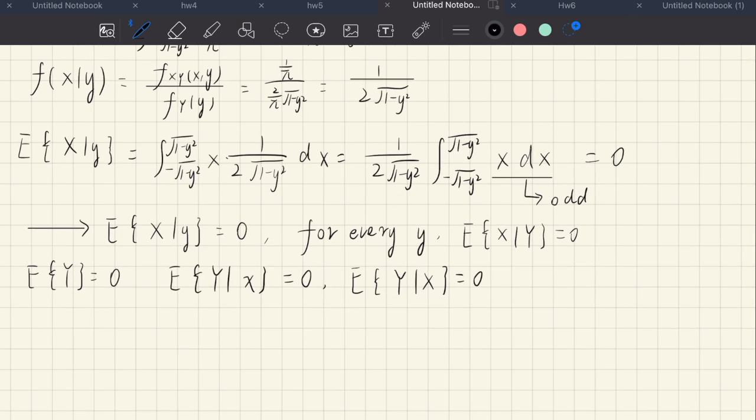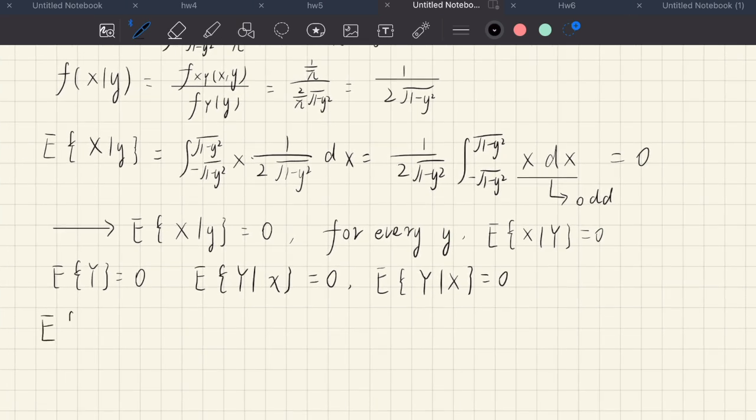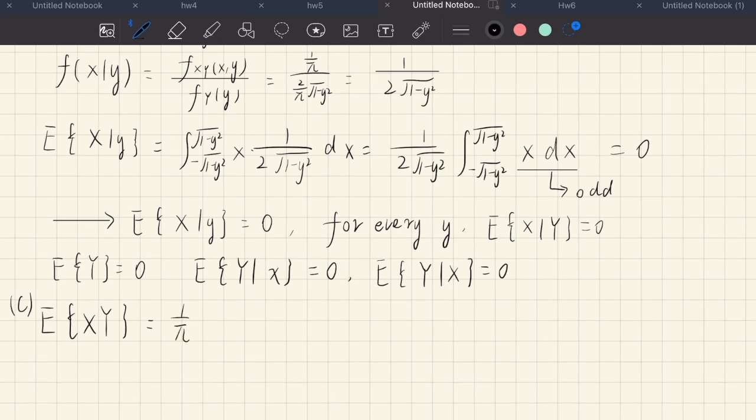And we calculate the expectation of XY here. Oh, this is question C. This should be the integral from -1 to 1 times the integral from minus the square root of 1 minus x squared to the square root of 1 minus x squared of xy dy dx.